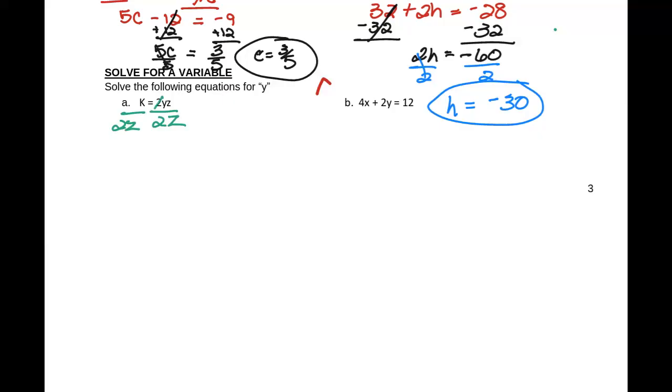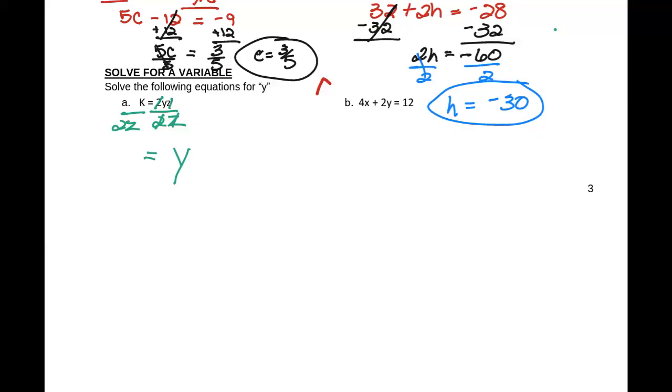So 2 divided by 2, that's going to simplify out to be 1. Z divided by z, that's going to simplify out to be 1. I'm left with y on the right-hand side equals, well, I've got k divided by 2z.